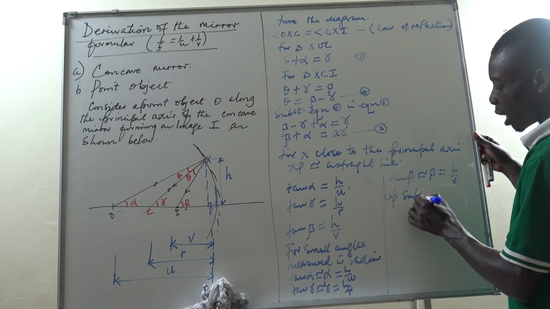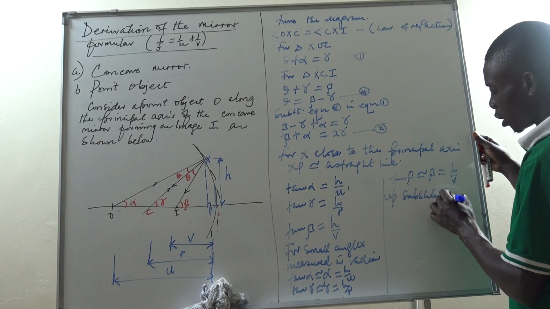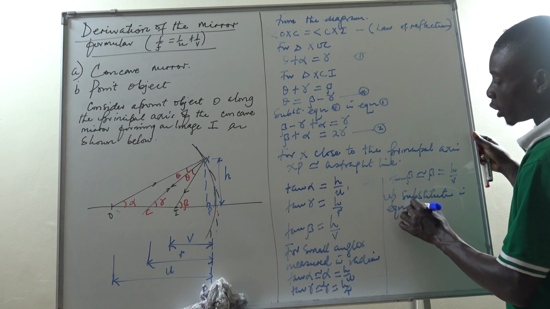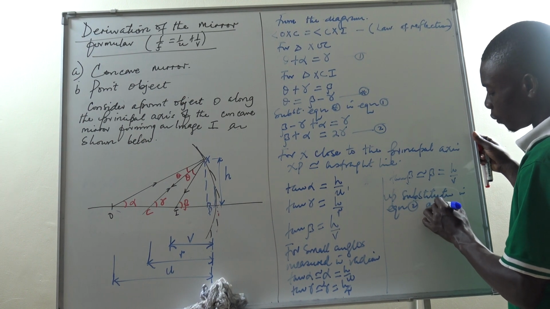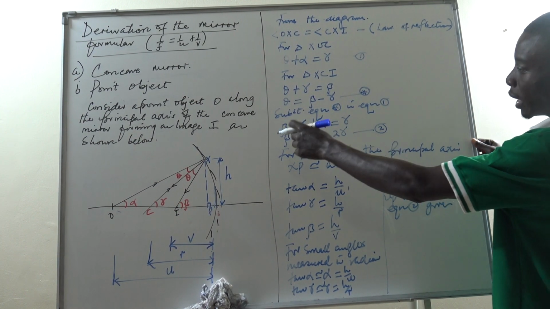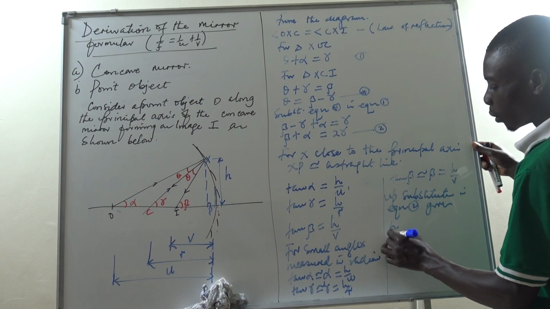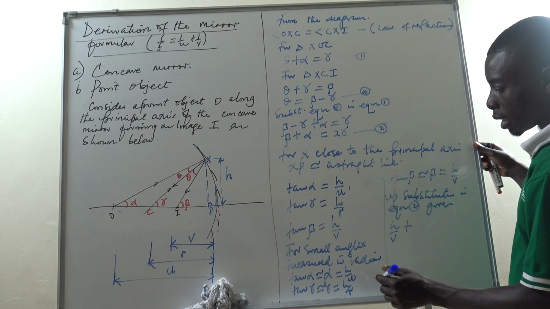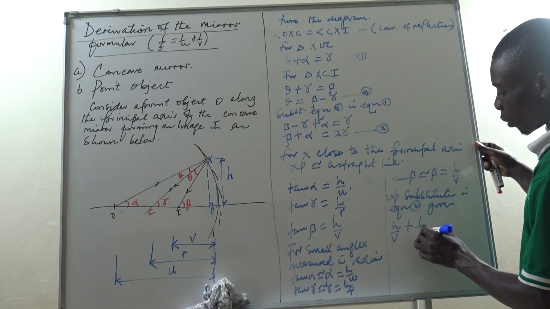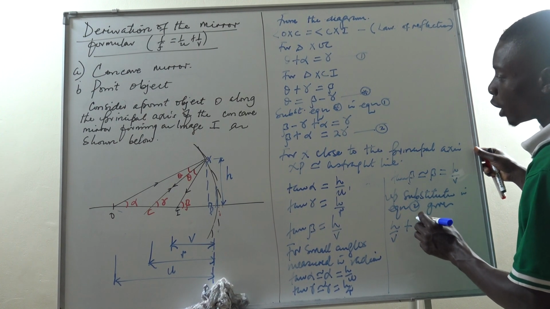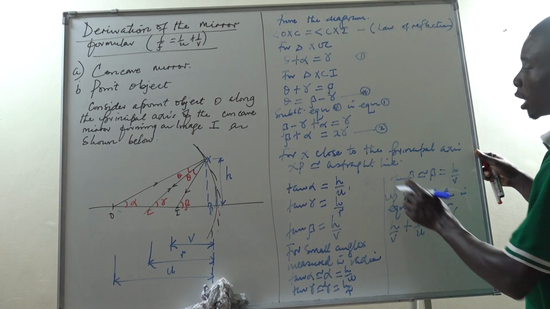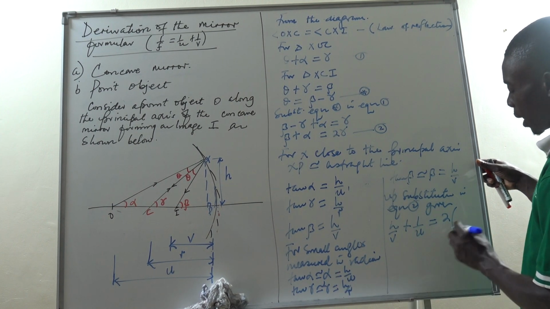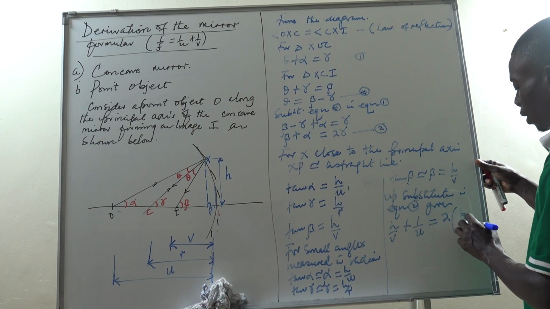Upon substitution in equation 2, it will give beta is h out of v plus alpha is h out of u should be equal to twice gamma, but gamma here is h out of r.